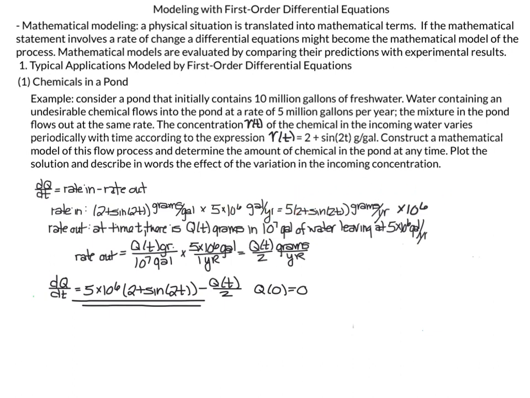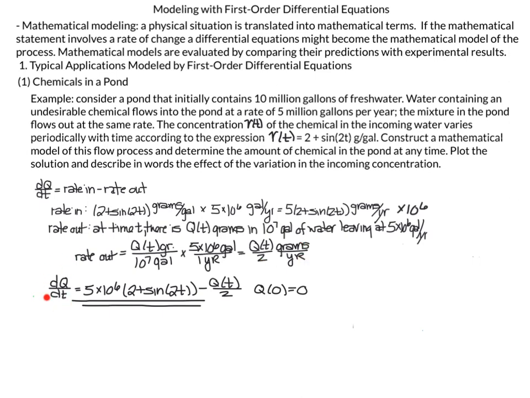So this is 5 times (2 plus sine 2t) grams per year times 10 to the 6th. For the rate out at time t, there is Q(t) grams in 10 to the 7th gallons of water, leaving at 5 times 10 to the 6th gallons per year. So the rate out is Q, the number of grams, times the rate it's leaving, which is Q(t) over 2 grams per year.